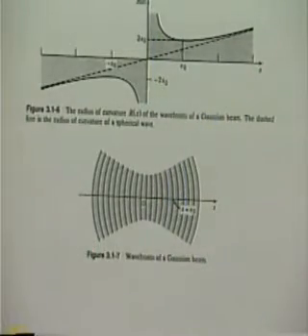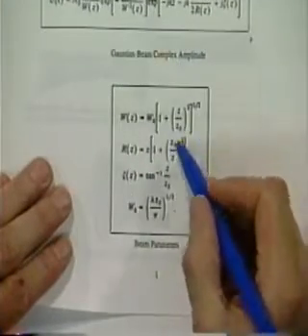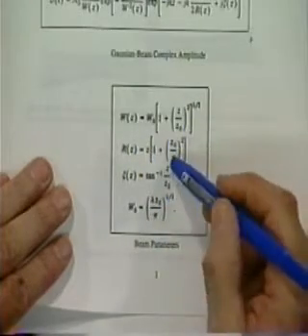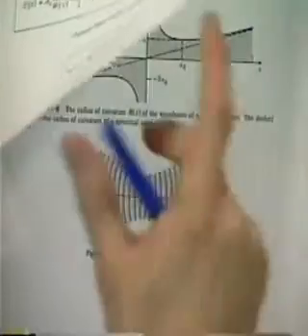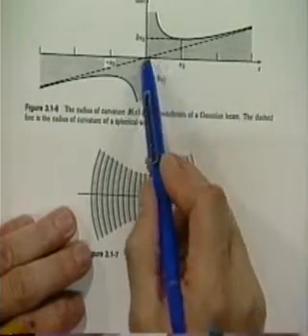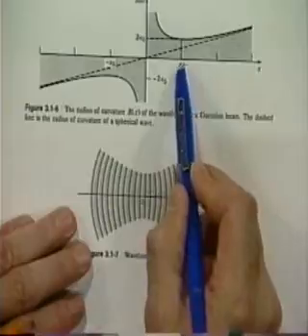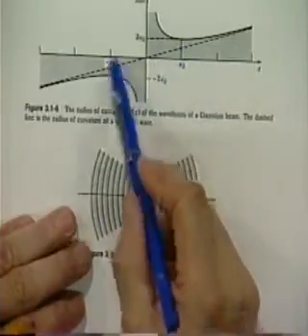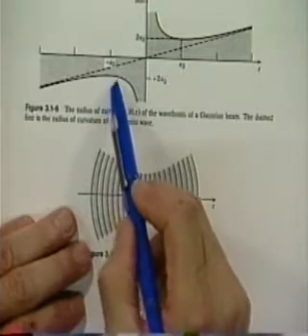And if we go away a distance z0, now the radius of curvature would be z times 1 plus 1, or 2z0. So if we go a distance z0 away, the radius of curvature is 2z0. Or if we go in the opposite direction, the radius of curvature would be minus 2z0.